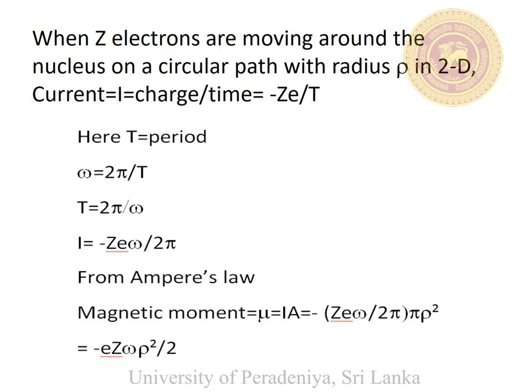The magnetic moment is equal to the current times the area of the orbit of the electron. Then the magnetic moment is equal to minus EZ omega rho squared over 2. Here rho is the radius of the circular path of the electron.